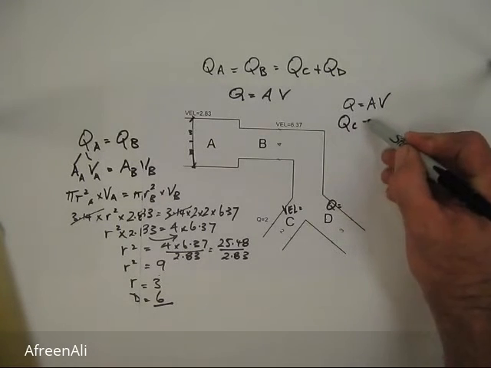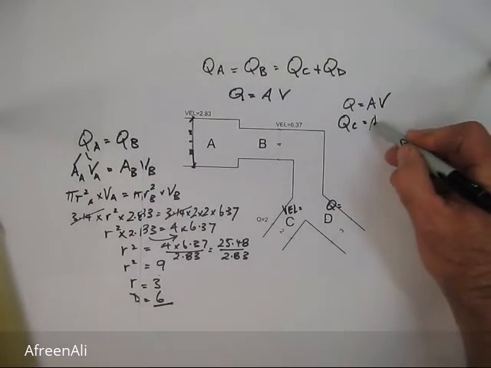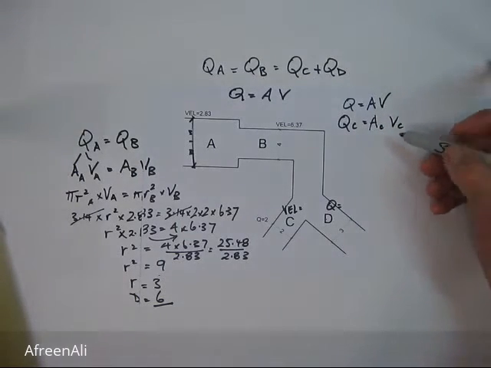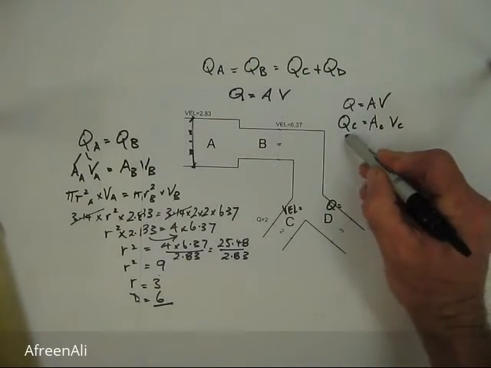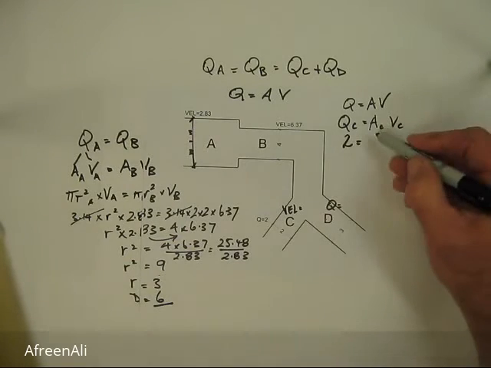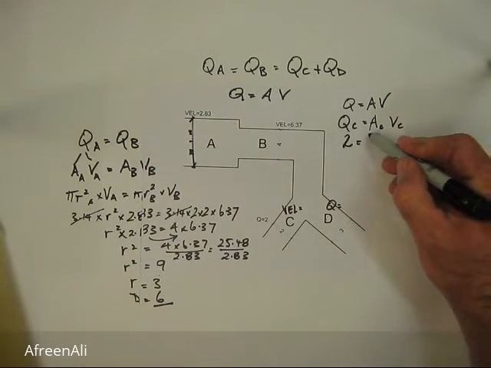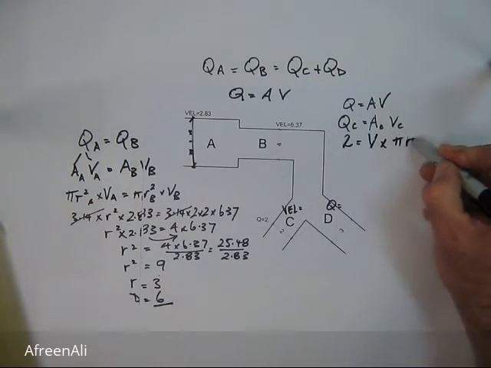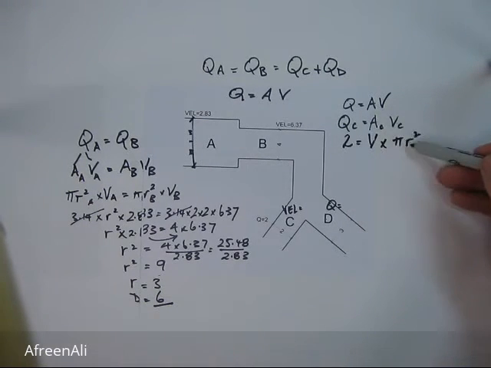The flow rate at C equals the area at C times the velocity at C. We know the flow rate is 2, so we can substitute that information. We don't know the velocity, so we're going to leave that as V, and the area is pi r squared. So we're taking area and writing pi r squared instead.